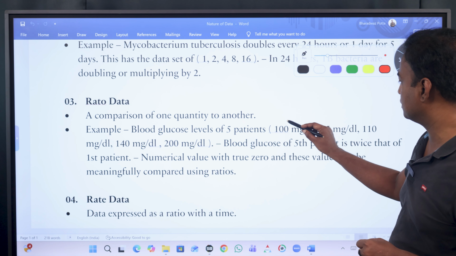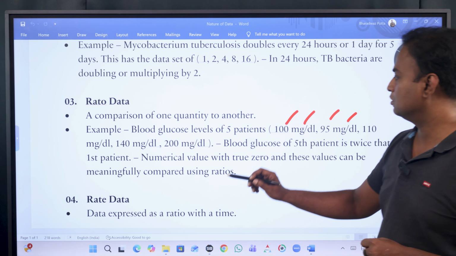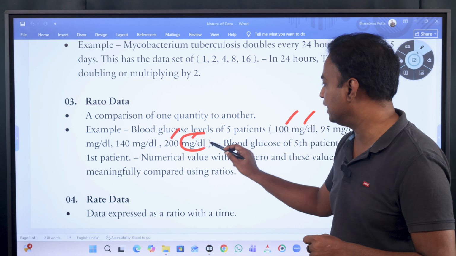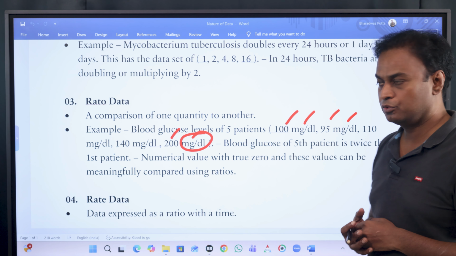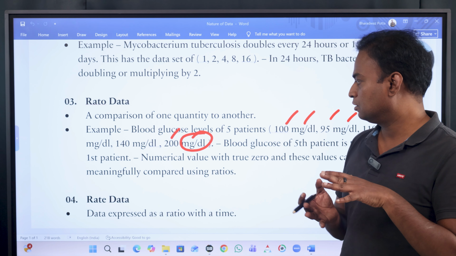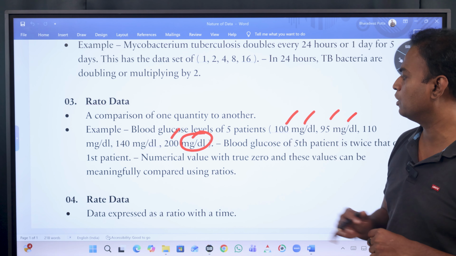For the first patient it is 100 mg per dl, for the second it is 95 mg per dl, for the fifth patient it is 200 mg per dl. You are getting the ratio here. You are comparing the ratio. What is that ratio? Number of milligrams per deciliter. And you can see the numeric value has a true zero.